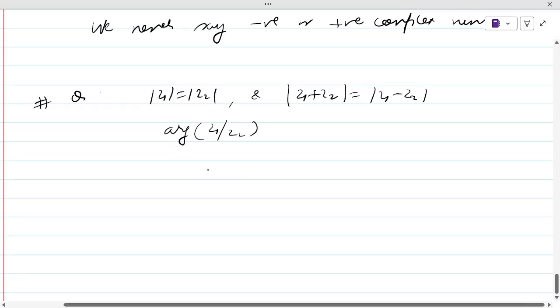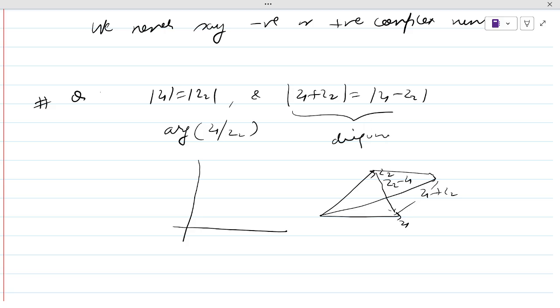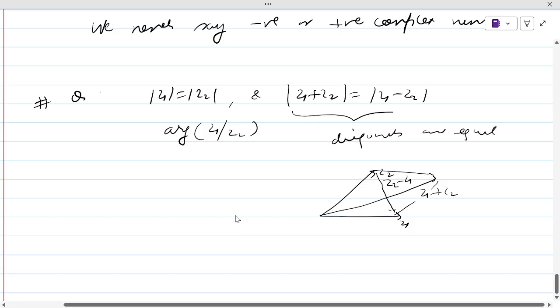If the sums and differences are equal, essentially it means the diagonals are equal, because these represent the diagonals.